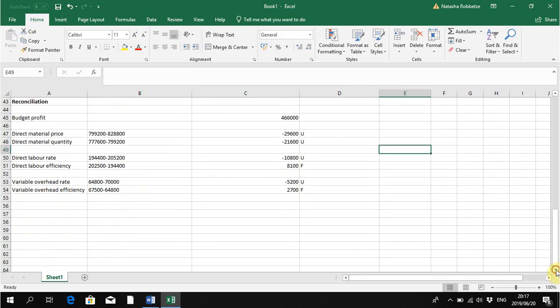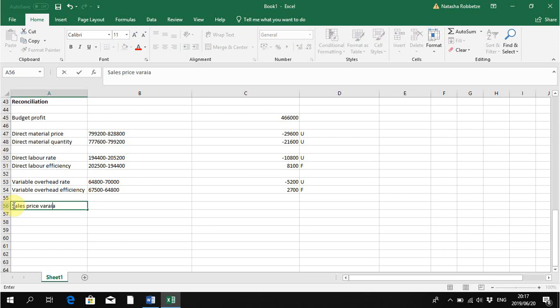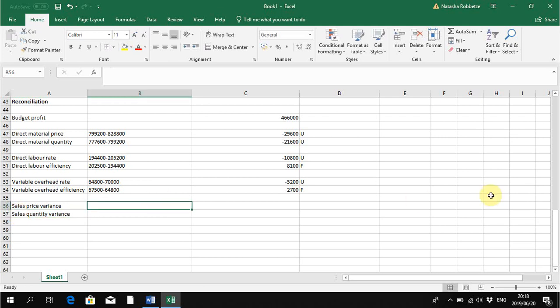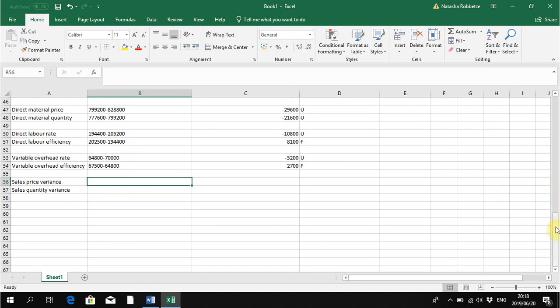Then the sales. There are two calculations to do for sales variances. The first is our sales price variance and our sales quantity variance. For the sales price variance, we're going to do the calculation again from the support calc number 1.